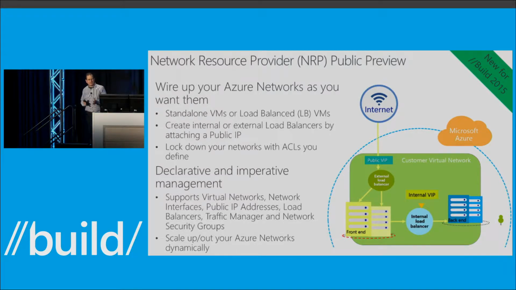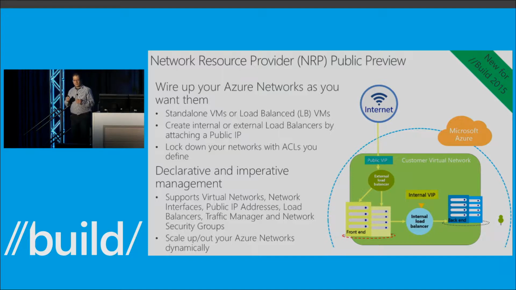So using the network resource provider, which fits the basic ARM model, you can wire the network to meet the application needs. You can do things like, for example, have a simple bunch of VMs running in the VNet, maybe with a public IP address. That's it. Or you can say, I want to have a load balancer. Again, it's virtual.